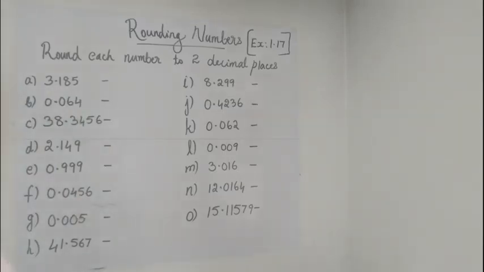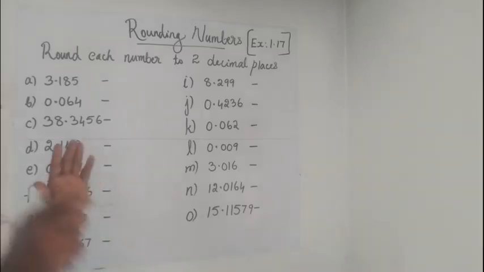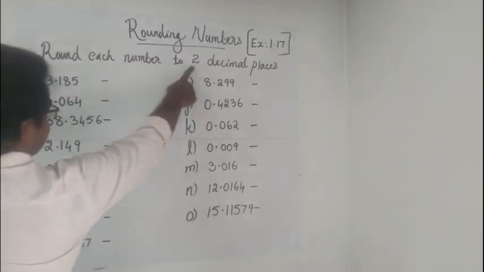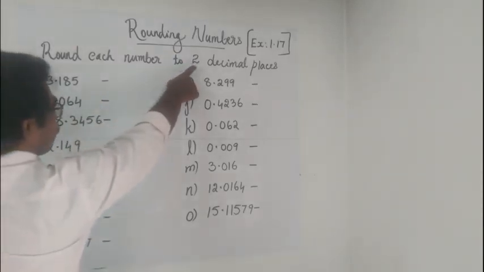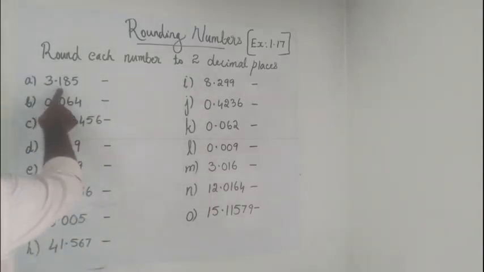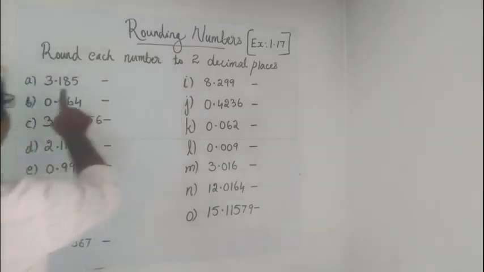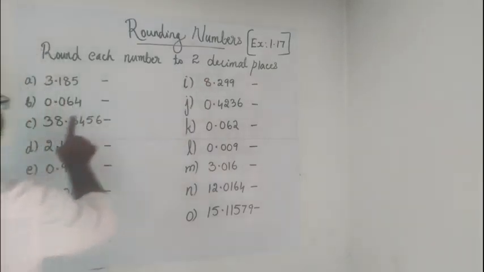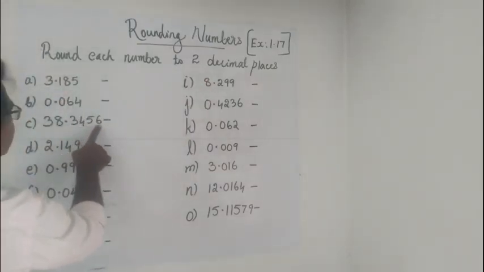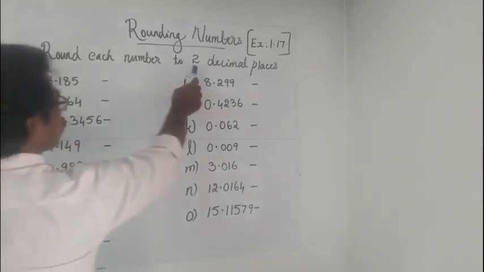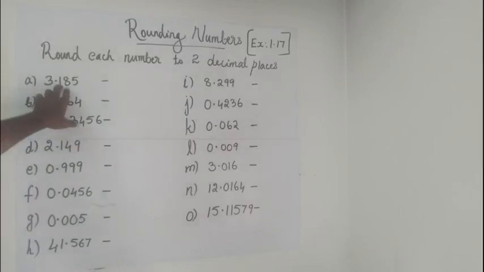How will you round to 2 decimal places? We have to focus on the 2 digits after the decimal. If 1 decimal place is given, we focus on 1 digit after the decimal. If 3 decimal places is given, we focus on 3 digits. If 4 decimal places, we focus on 4. After the decimal, we focus on the 4th digit. Here it is given 2 decimal places, so we have to focus on 2 digits.